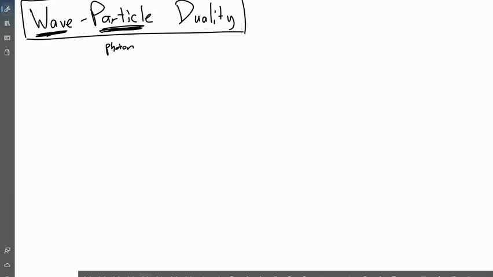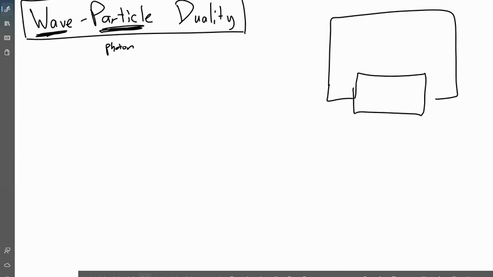If you remember, this is kind of like our situation with electron slits. I had some electrons incident on a pair of slits, just a beam of electrons. If we observe the screen, we get this diffraction pattern.